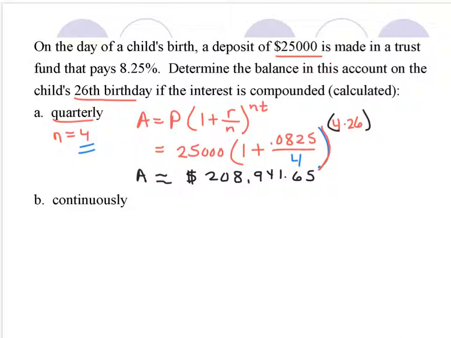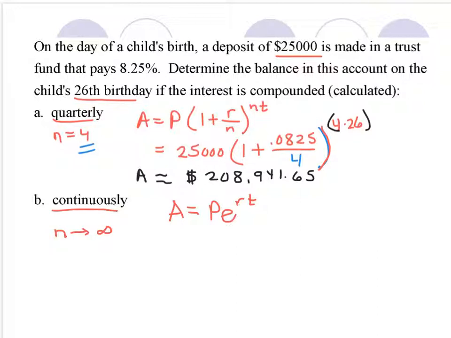Okay, the next formula we're going to look at is the continuous compound interest formula, which is what we often refer to as the PERT formula, Pe to the rt, where as n approaches an infinite number of times per year, we maximize the amount of interest that can accumulate at that same rate.